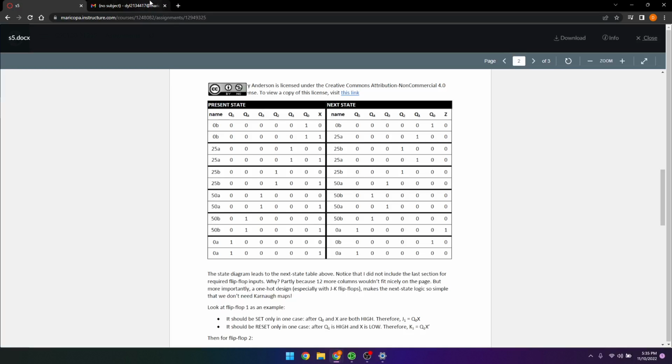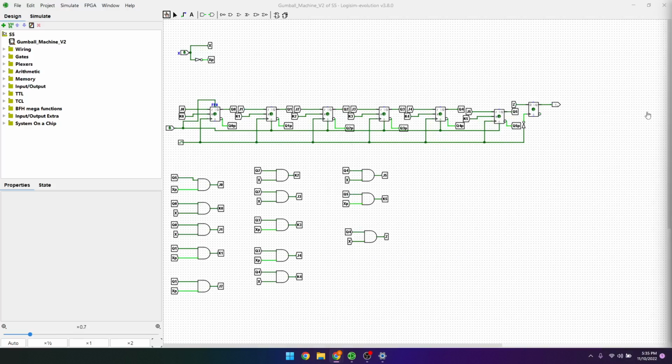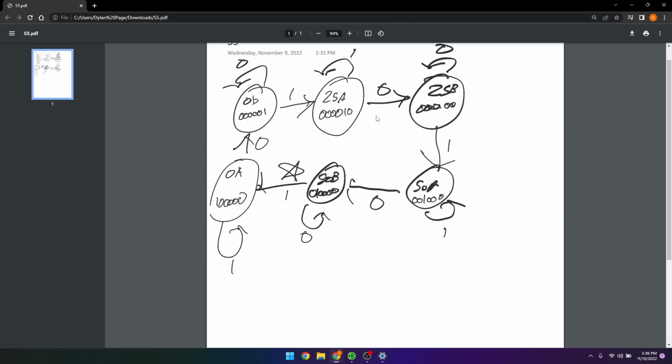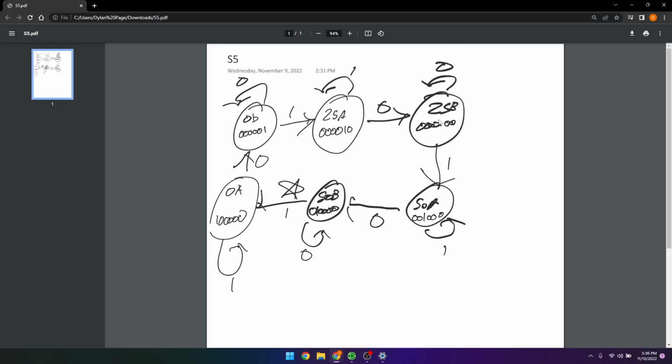I'm not going to go over the table here. I can just show it to you. But in looking at the equations now, we don't even need to make Karnaugh maps or derive the equations really. All this is, and I think this is best understood through looking at the state diagram, is that in a JK flip-flop, when J is 1, that means we're going into set mode, and when K is 1, that means we're going into reset mode.